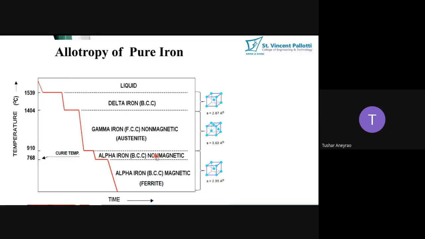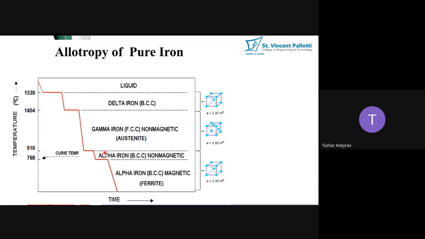Alpha iron with BCC structure, non-magnetic, we can obtain from 910 to 768 degrees centigrade. It means that in this temperature range we are going to get iron which does not have any magnetic properties. But austenite has magnetic properties, and delta iron has magnetic properties.